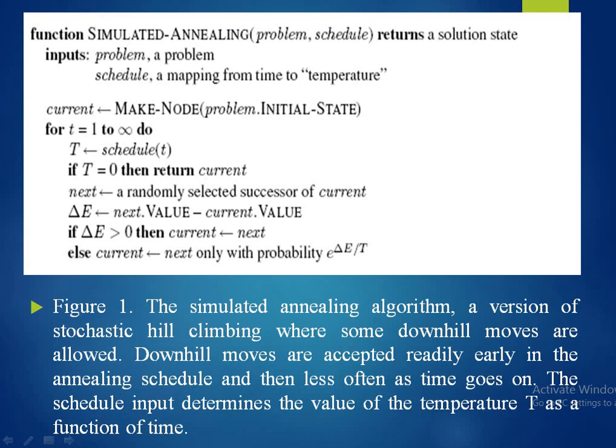If T is equal to 0, then return current. Next is a randomly selected successor of current. Delta E is next.value minus current.value. If delta E is greater than 0, then current becomes next. Else current becomes next only with probability e raised to delta E divided by T. So this is the algorithm for simulated annealing.